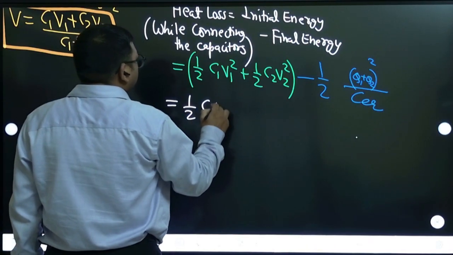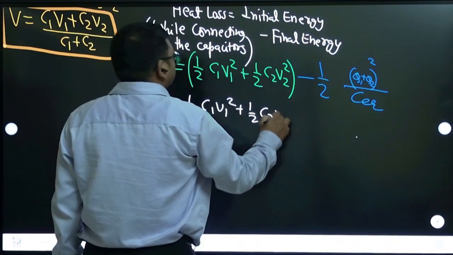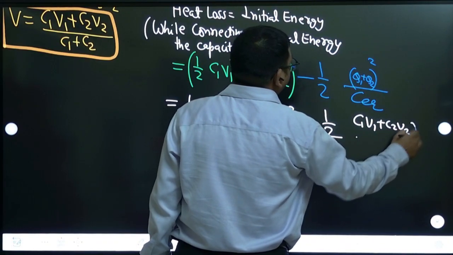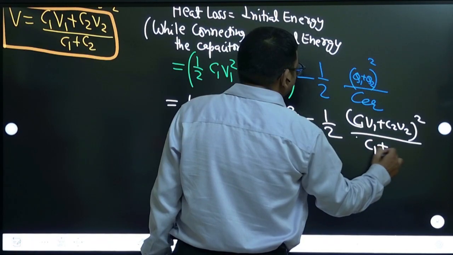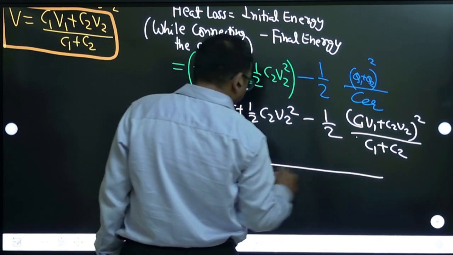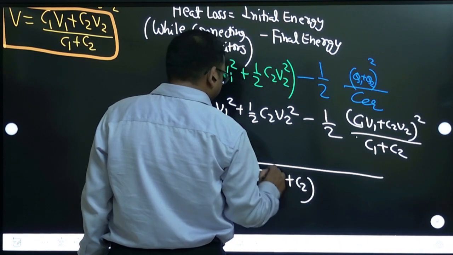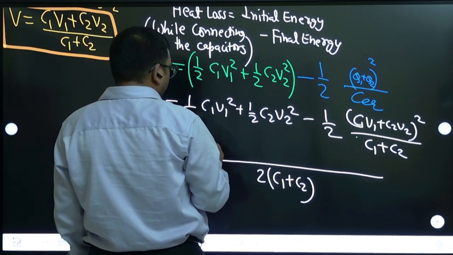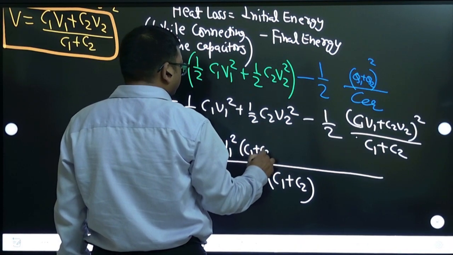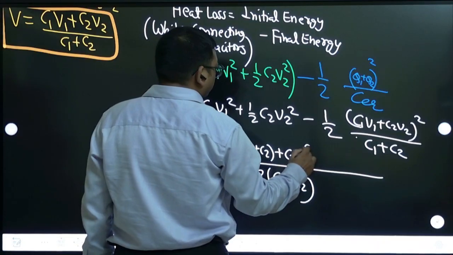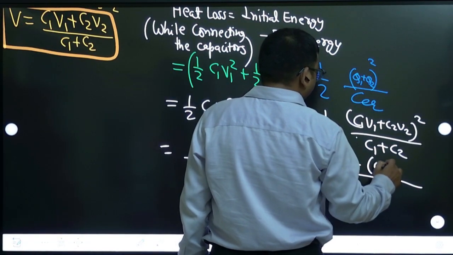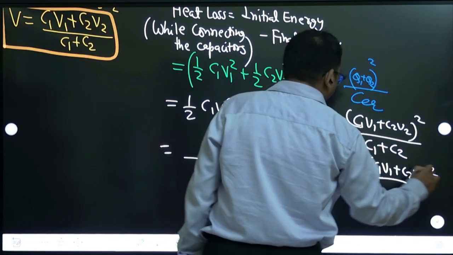So half C1 V1 square plus half C2 V2 square minus half. This is C1 V1 plus C2 V2 whole square divided by C1 plus C2. Now let us take 2 times C1 plus C2 as common denominator. Then C1 V1 square into C1 plus C2 plus C2 V2 square into C1 plus C2 minus C1 V1 plus C2 V2 whole square.